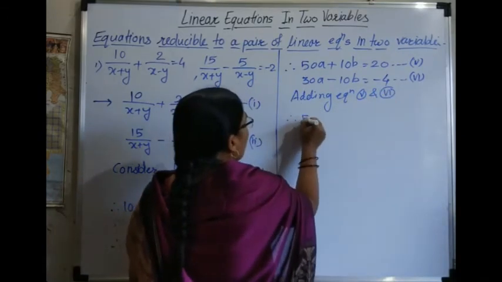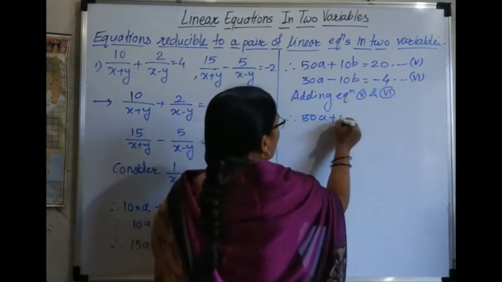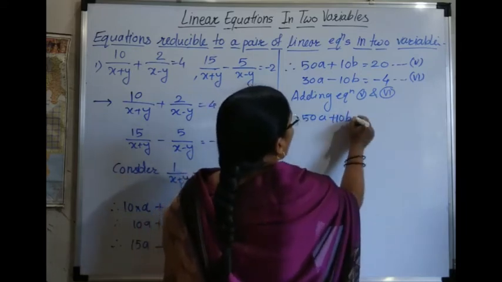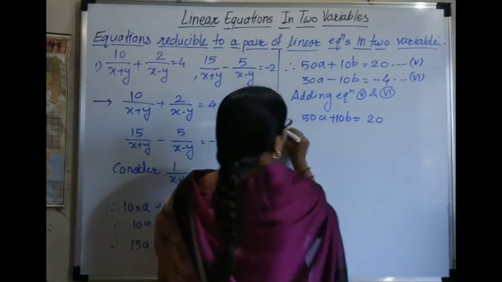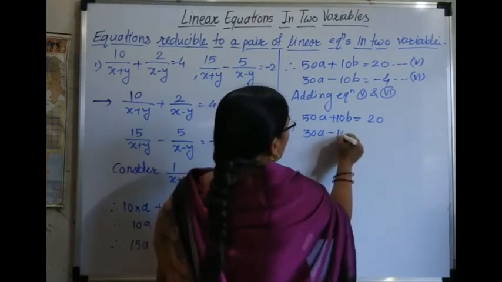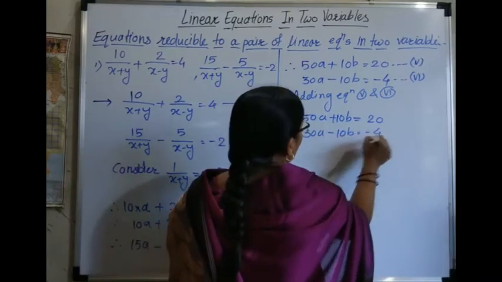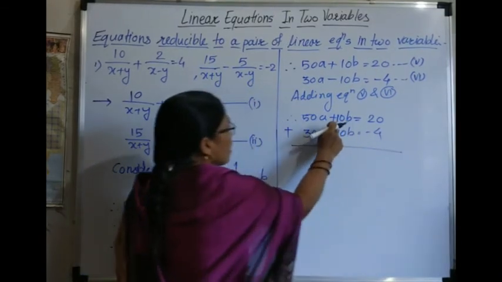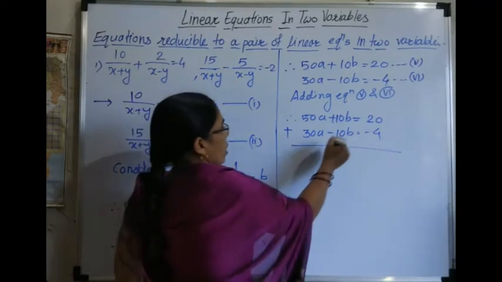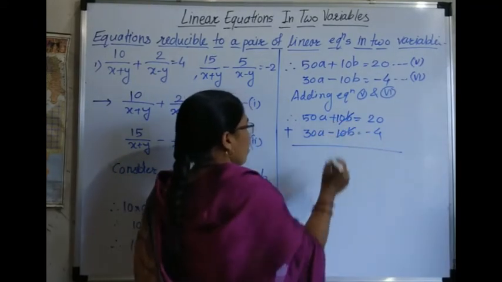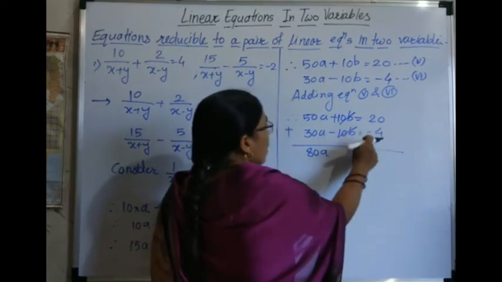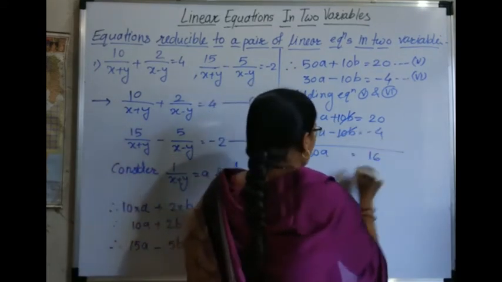Therefore 50a plus 10b is equal to 20, plus 30a minus 10b is equal to minus 4. By adding only we can cancel this, or we can eliminate b term, means b variable. So here 10b and minus 10b will cancel. You will get here 80a is equal to 20 minus 4, it is 16.